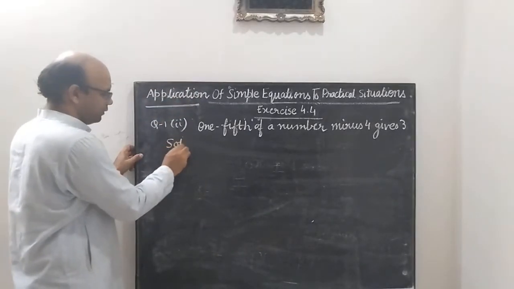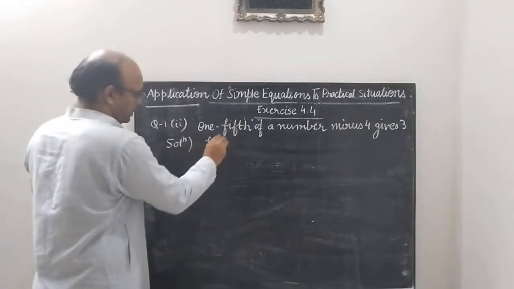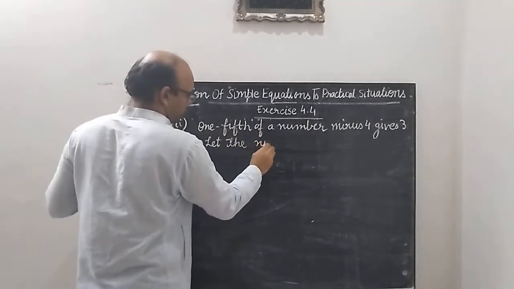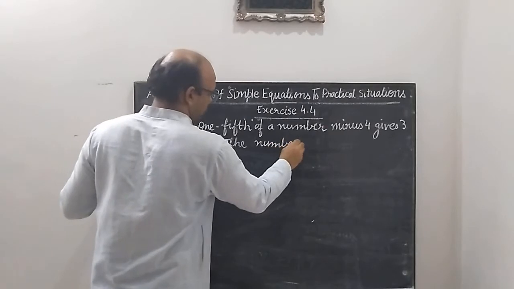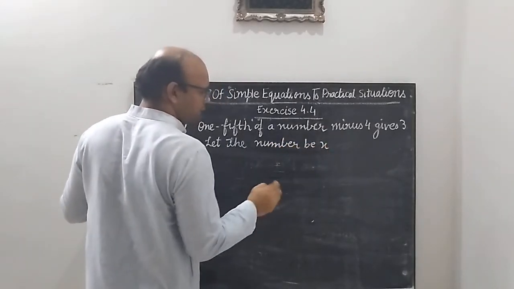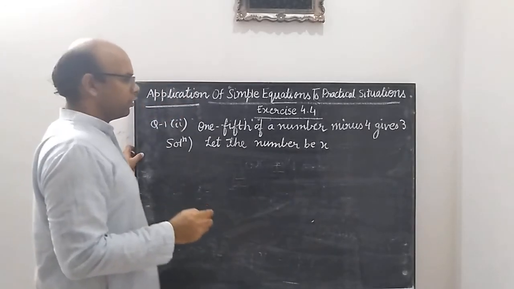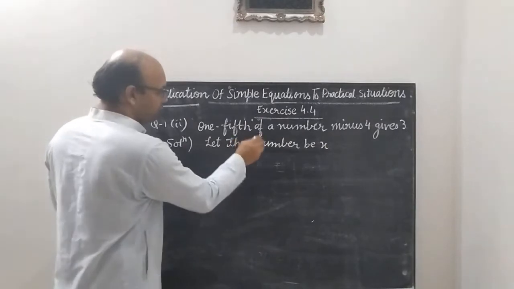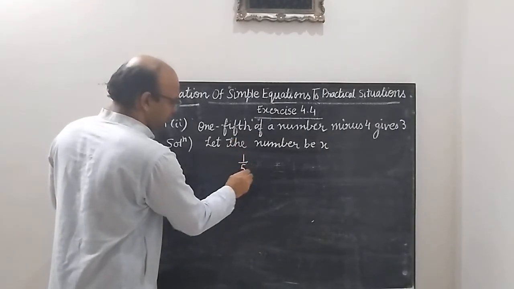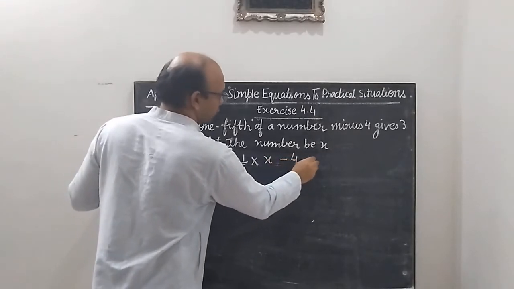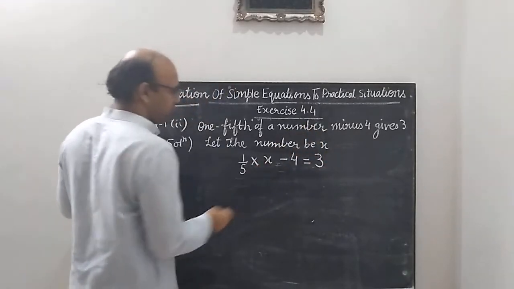So we have, let the unknown number be x. You can take up any other variable if you want to. It is not necessary that you have to take x only. So 1/5 of a number means 1 by 5 multiplied by x, minus 4 will give you 3.